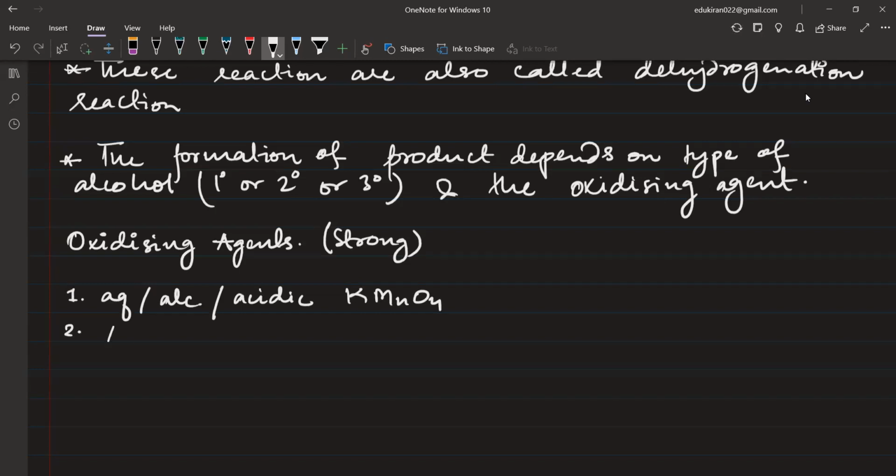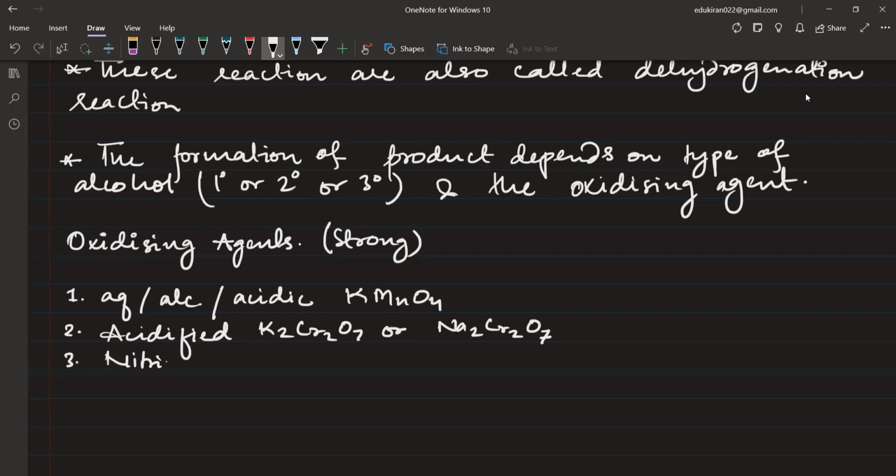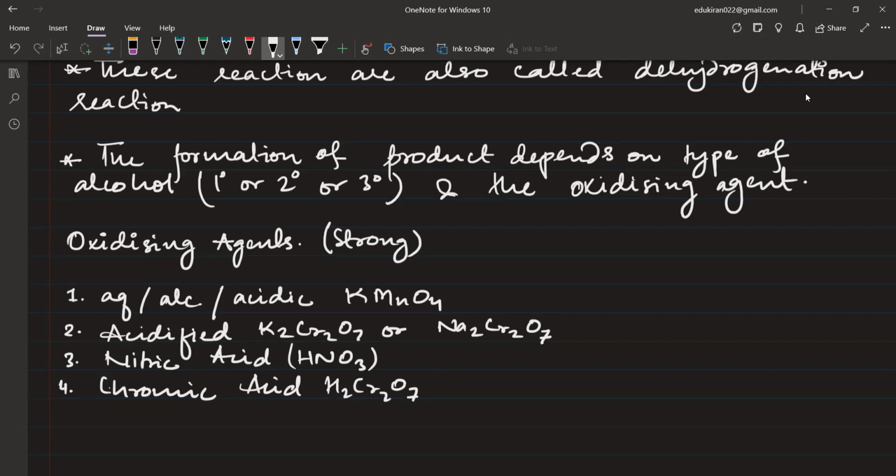Second, acidified K2Cr2O7 or Na2Cr2O7. Third, nitric acid, HNO3. Fourth, chromic acid, H2Cr2O7.